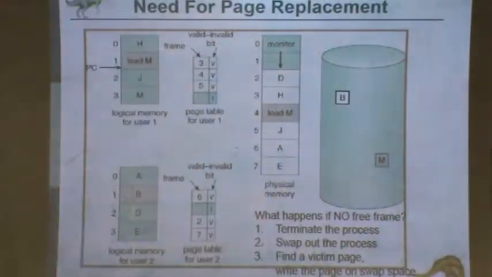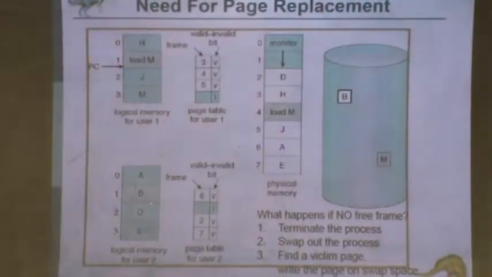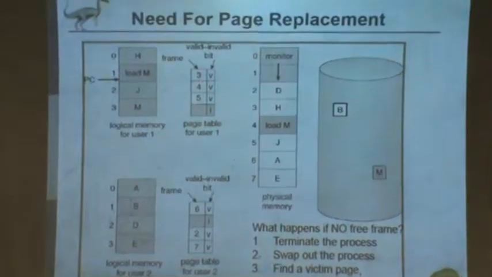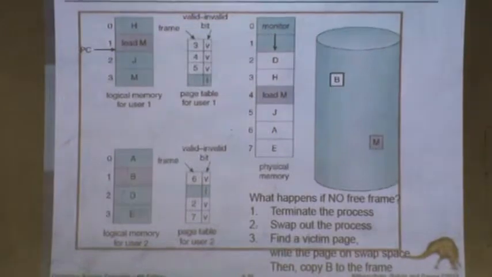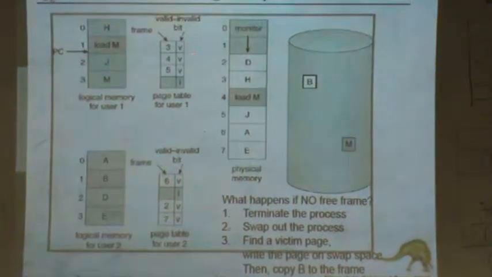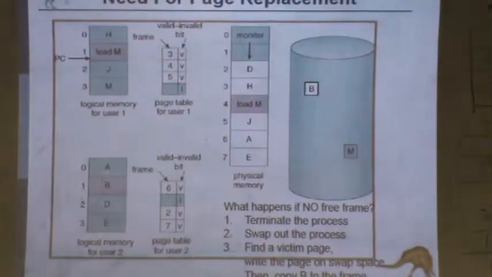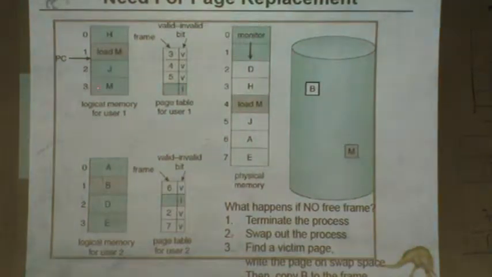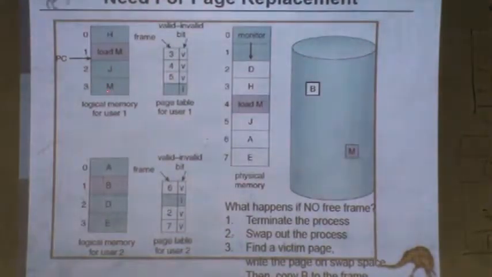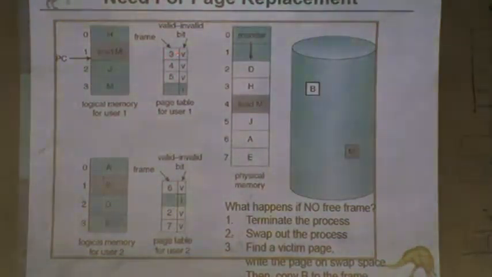So this slide shows how it works. For each process, we have two processes. This is one and this is two. Each process has its own page table. The page table is a mapping table. So for example, M is 3, marked valid.